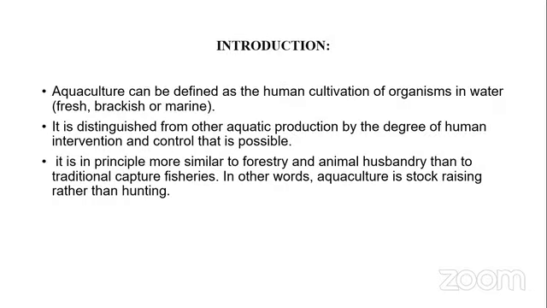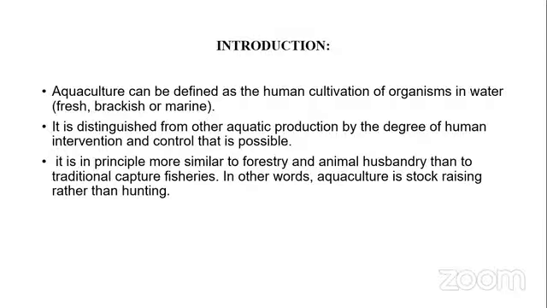Fisheries we can divide into two. One is capture fishery, from where we capture the fishes or animals with economic importance from their wild habitat, and the other one is the culture practices, where we cultivate the fishes or mollusks which are of economic importance.